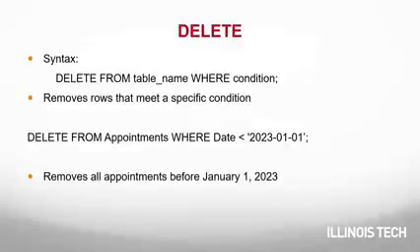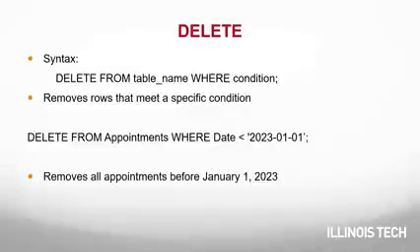Similarly to insertion, we can also delete rows. Now, when we delete a row, you don't have to specify all of the data in the row. All you have to do is specify some condition, and every row that matches that condition will be deleted. So any condition that can go into a select statement can go here into a delete statement. So if, for example, we want to remove from the appointments table all appointments before January 1st, 2023. It's a somewhat artificial example, but it'll illustrate the point.